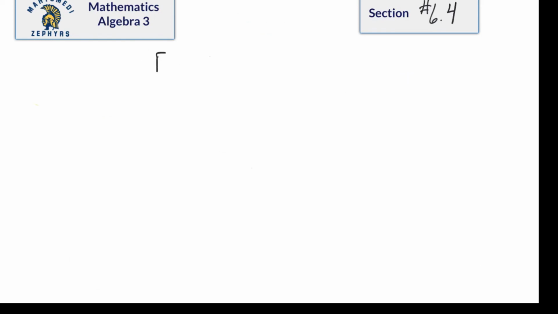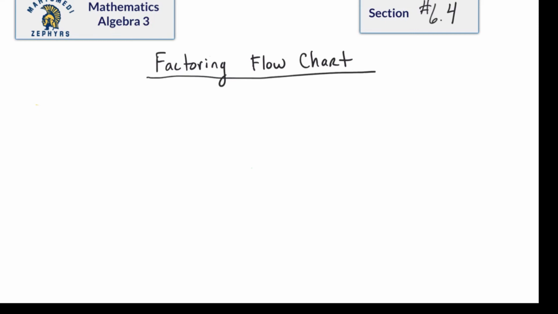So, our factoring so far gives us somewhat of a factoring flowchart. Okay, and this is kind of a decision-making process. How should I think about my factoring? Okay, the first thing you always want to look for is a greatest common factor.